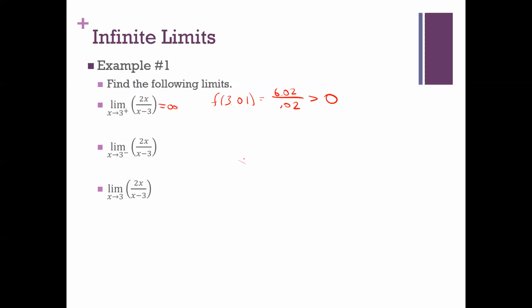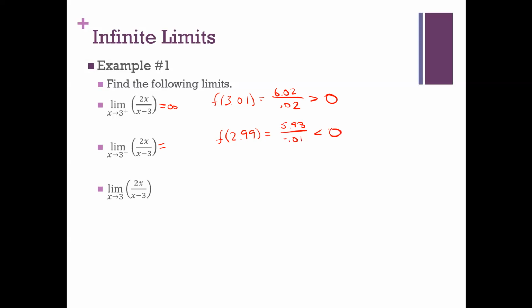How about from the other side? It's a good test value, though one point can't really tell us anything. Anything near x equals 3 from the left-hand side comes out to be 5.98 divided by negative 0.01.